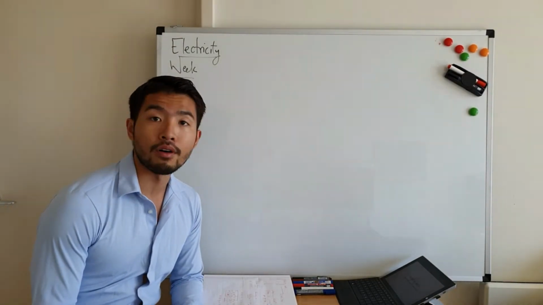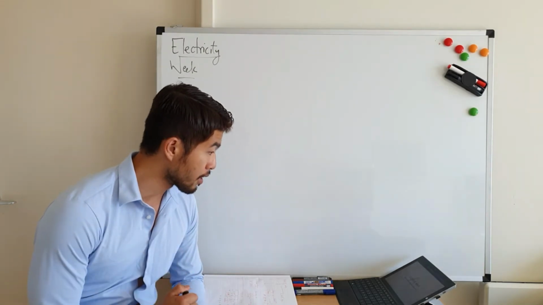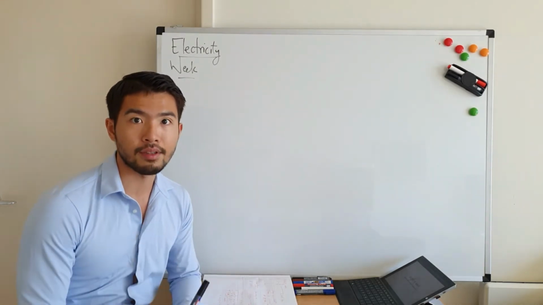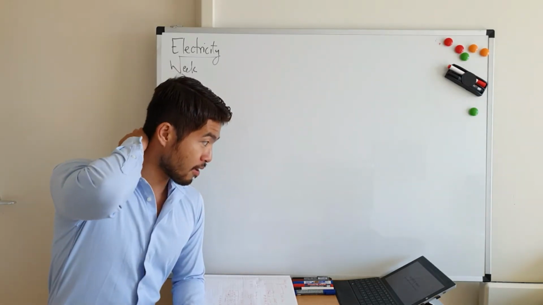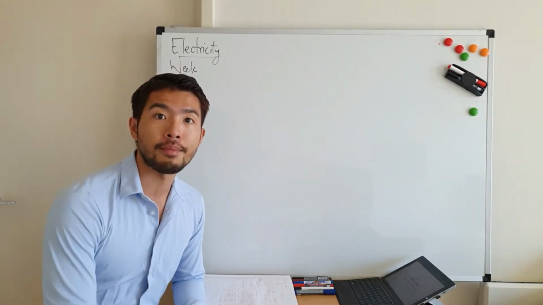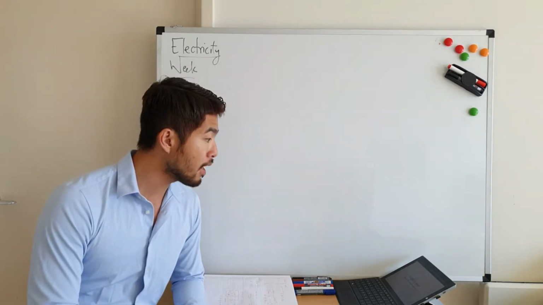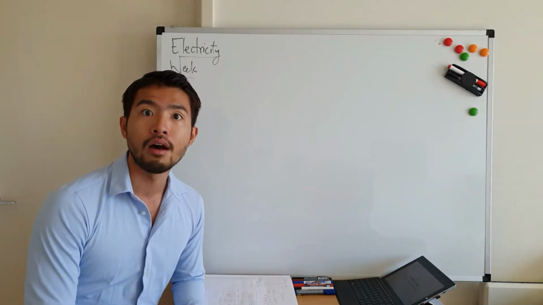In Electricity Week, we're not going to look at every single thing in electricity, the entire syllabus, because it would be a 4-hour revision lesson. In this, I'm particularly concerned about potential dividers and also internal resistances.